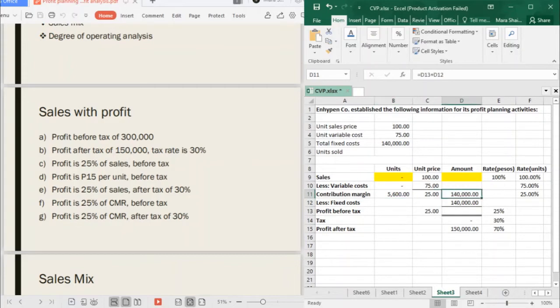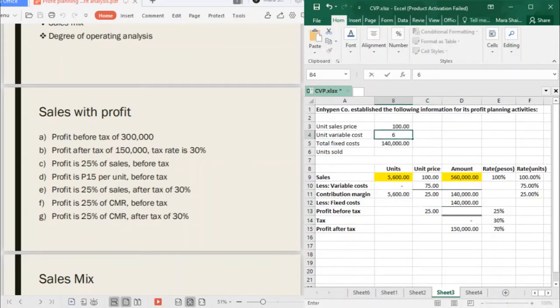Thus, the unit is 5.6, and the sales is 5.660. Or let's do this. So, there. Since they are the same, you know that it is break-even. But let's change this.